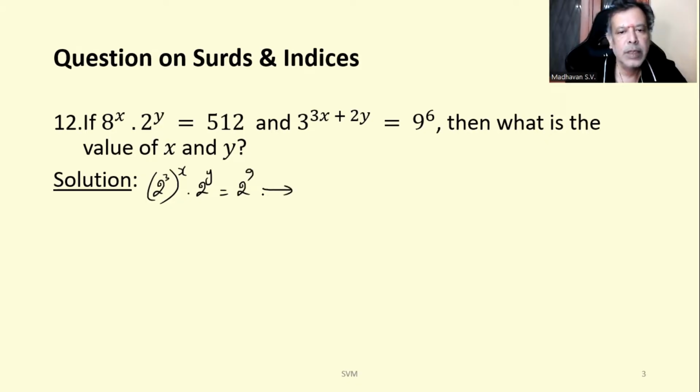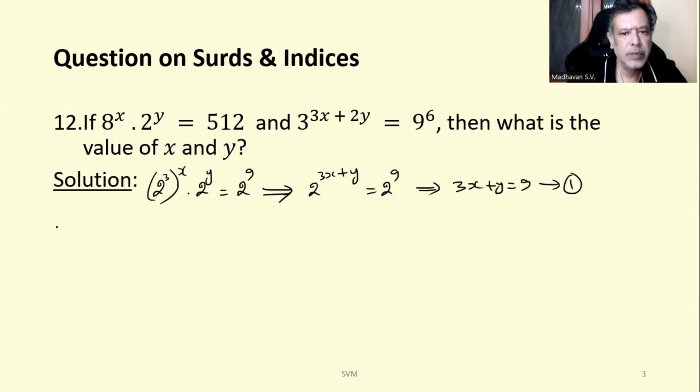So further, this can be rewritten as 2 to the power of 3x. Here also base is 2 only, so we can add equal to 2 power 9, which means since base is common in both left-hand side and right-hand side, we can write 3x plus y is equal to 9. Consider that as equation 1.